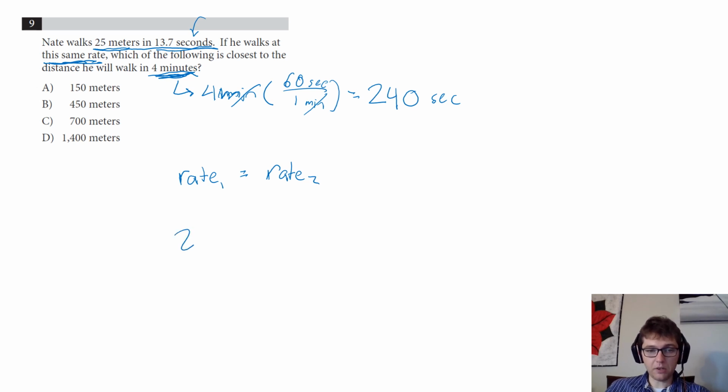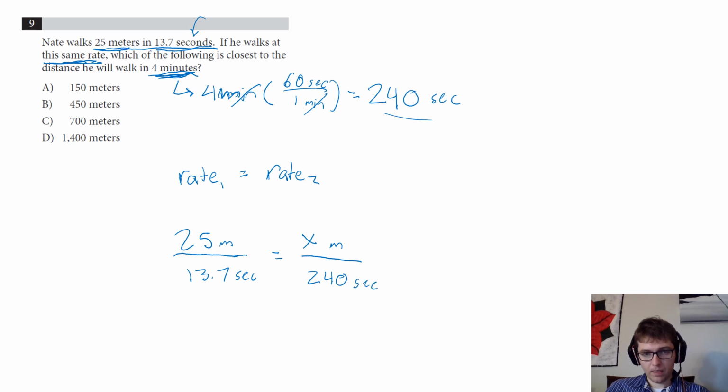It is 25 meters in 13.7 seconds. And what is rate 2? It is some unknown number of meters, so x meters, in this 4 minutes, which we've converted to 240 seconds. Now we just need to solve that for x.